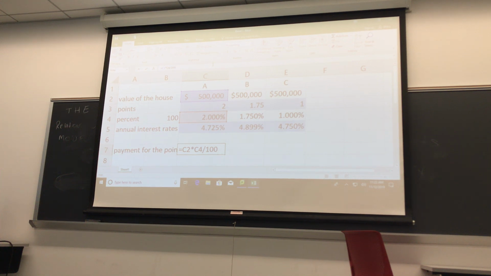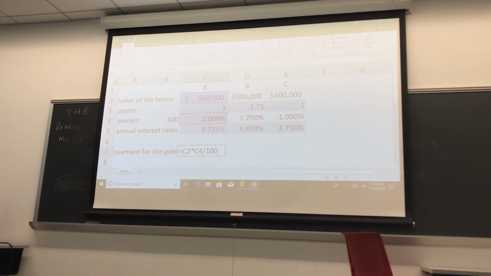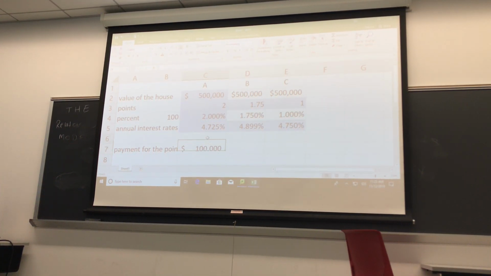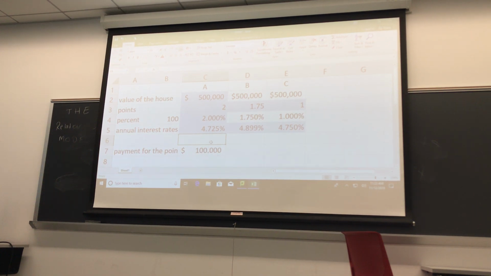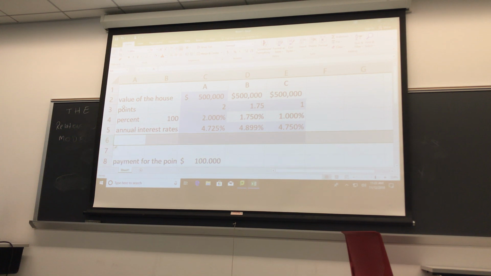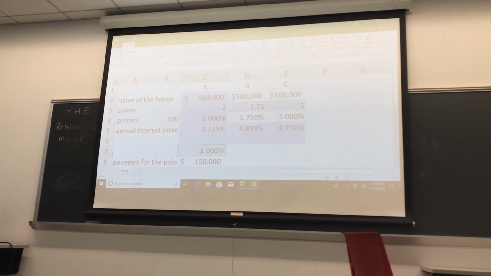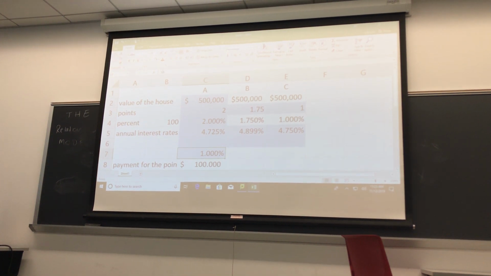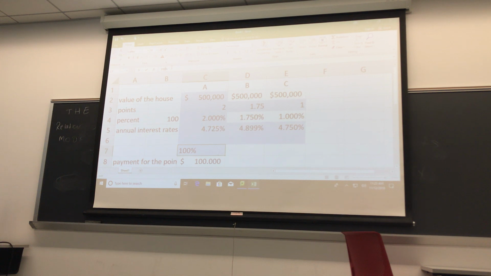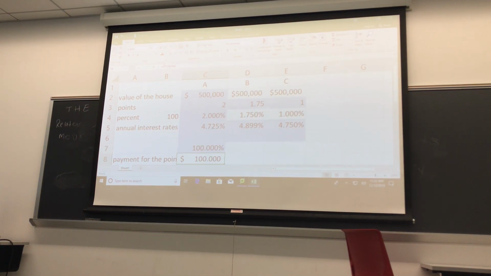Not correct. Good. It's not correct. What is not correct? And I make here a few mistakes because I want to learn from those mistakes. The entire loan is 100%.